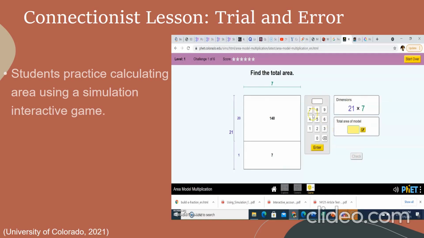Now, the game has different levels, so the student will choose the level. They're able to click in the area where the answers should go for the questions, input the answers. They're able to check their responses, and if the response is correct, they have a nice little smiley face to encourage.